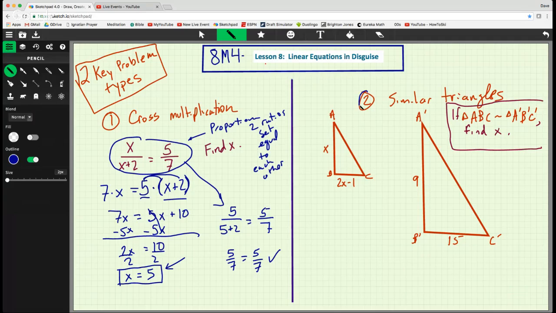The second problem type requires us to go back and remember what's true about similar triangles.